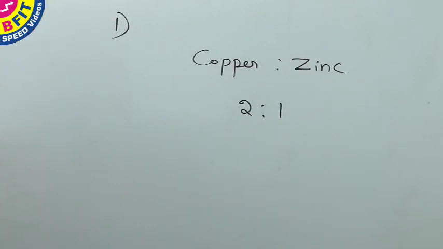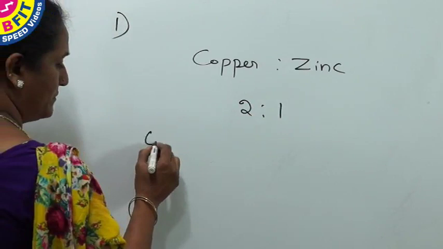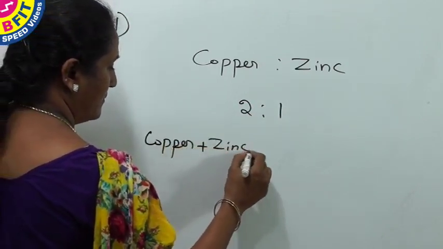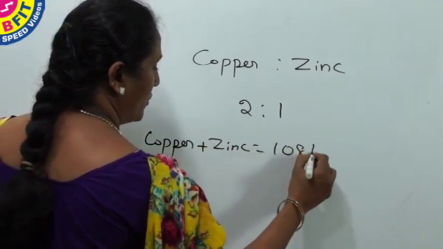So the total quantity of brass, that is copper and zinc together, is given as 108 kg.